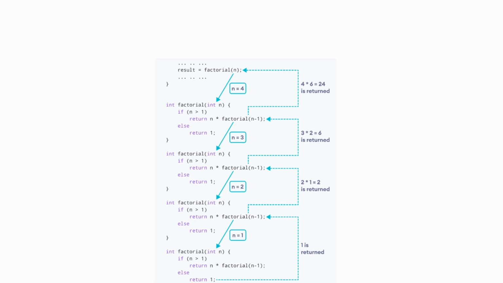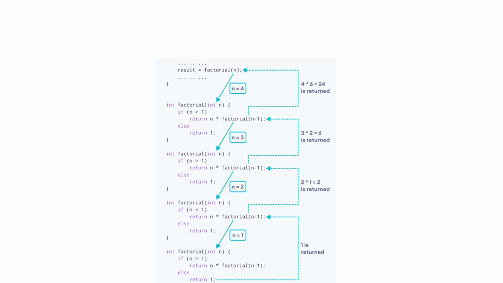One of the famous examples that exists up until this day is the factorial example. What is factorial? 6 factorial is 6 times 5 times 4 times 3 times 2 times 1. 1 factorial is 1, 2 factorial is 2 times 1, 3 factorial is 3 times 2 times 1. So we're going to call it with the number 4.